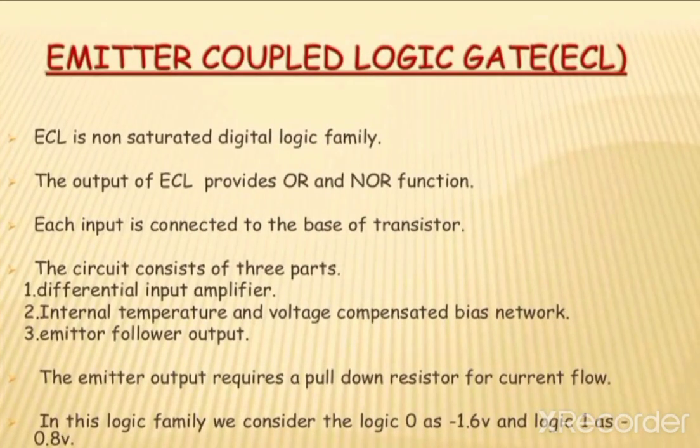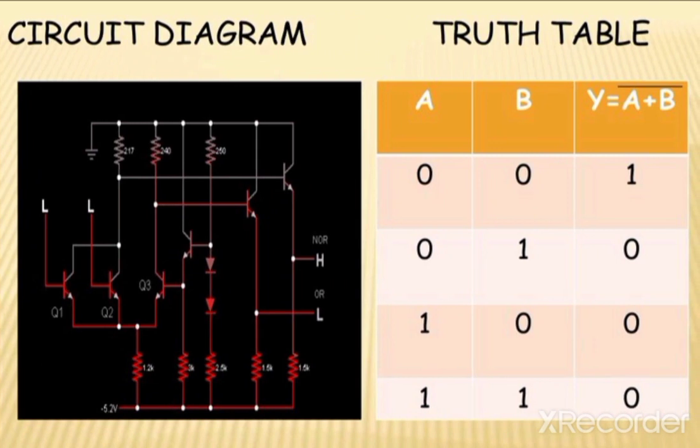Then emitter coupled logic means this logic also uses transistors, but the transistor configuration or transistor biasing is in the form of emitter coupled, which we have seen in basic electronics. Here on your screen you can see that all the transistors are with emitter coupled logic. That means the emitters of the transistors are connected together, and with the help of a resistor it is grounded, right?